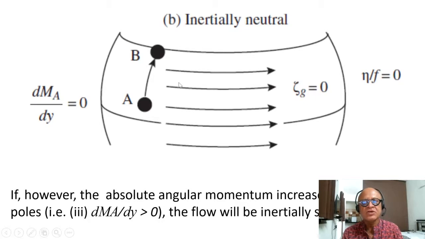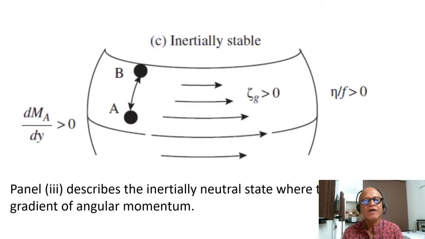Inertially neutral, so if there is no meridional shear, then the geostrophic relative vorticity is 0. Eta over f is 0, so absolute vorticity is 0, and you have a displacement that is neutral. And if you have d m a dy greater than 0, then it is inertially stable.